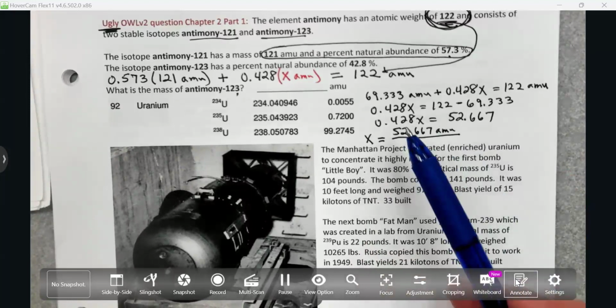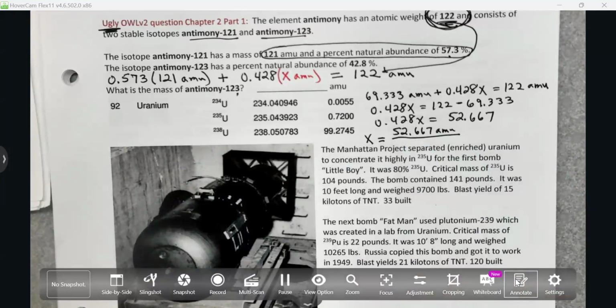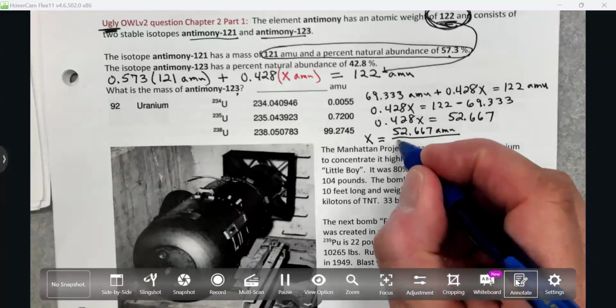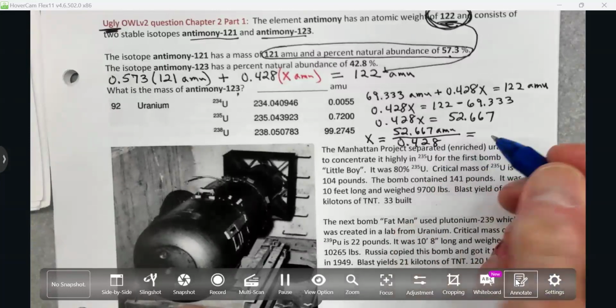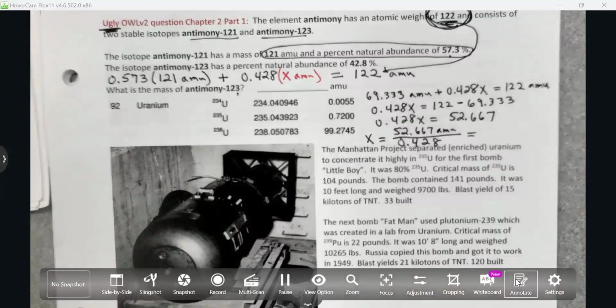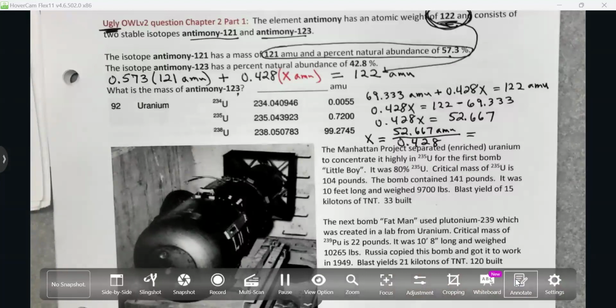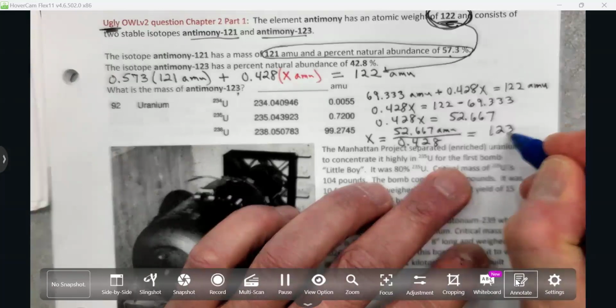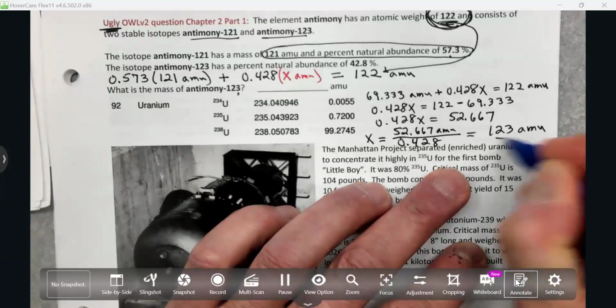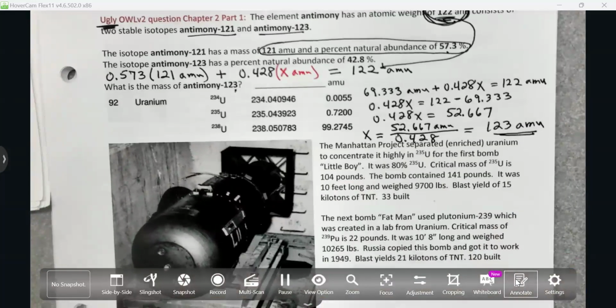We have to divide both sides by 0.428, right? To get x. And we get 123. It's a confusing question.